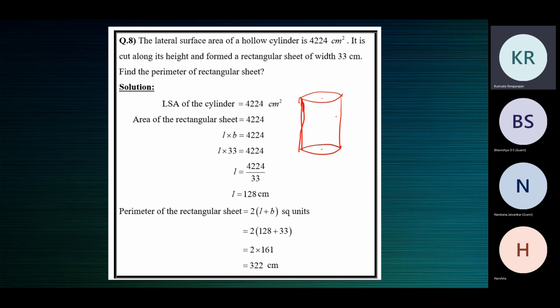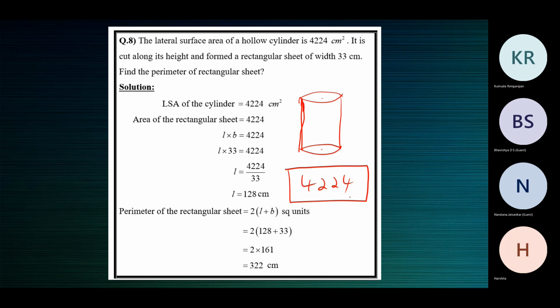So the curved surface area of the cylinder is nothing but the area of the rectangular sheet, 4224. 4224 was earlier the curved surface area of the cylinder. Now, because you cut open the cylinder and spread it, that area becomes the area of the rectangular sheet.